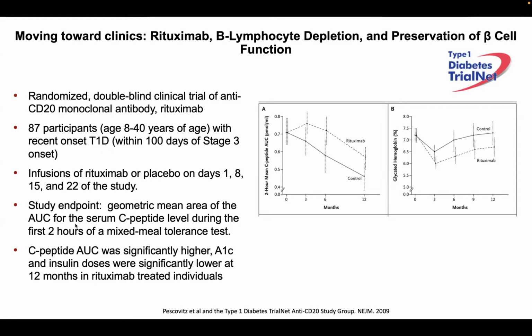The study endpoint is the geometric mean area under the curve of the C-peptide. By this figure, you can see that at 12 months in this clinical trial, C-peptide AUC was significantly higher in the rituximab group, and HbA1c was significantly lower with rituximab when compared to the control arm.